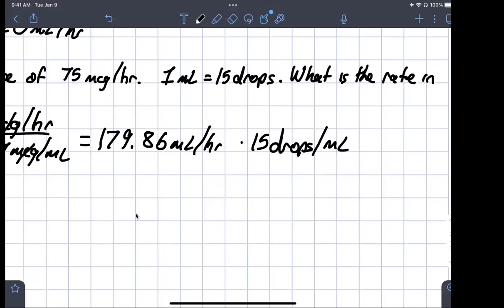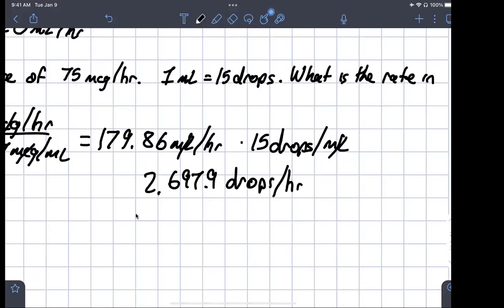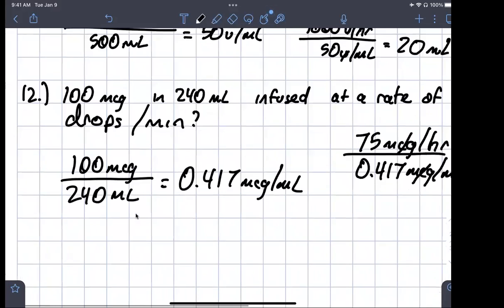So when you do 179.86 times 15, you will get 2,697.9, and then mils cancel. It's going to be drops per hour. But it says, what is the drop rate in drops per minute?